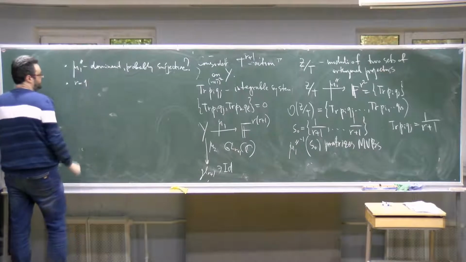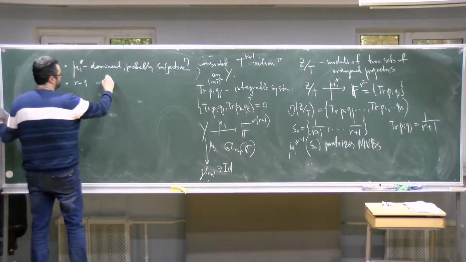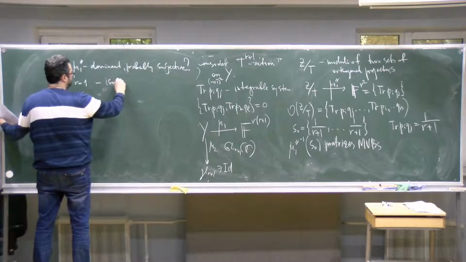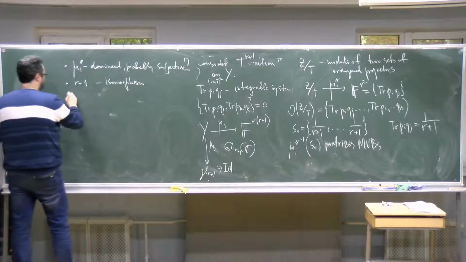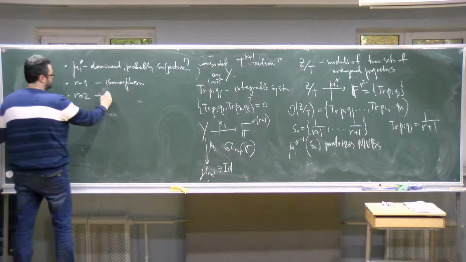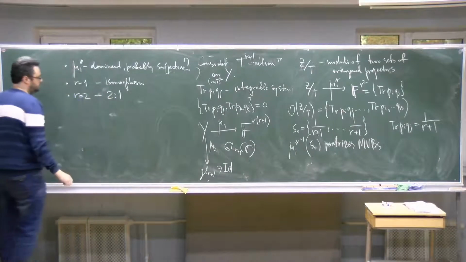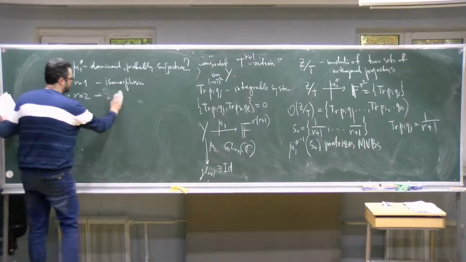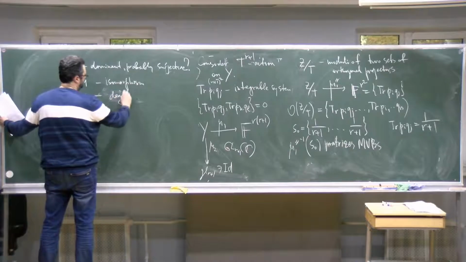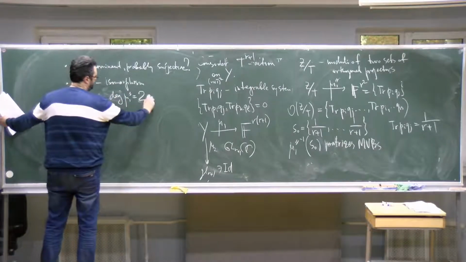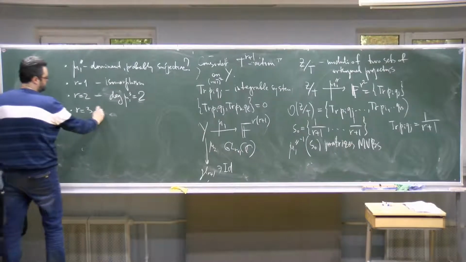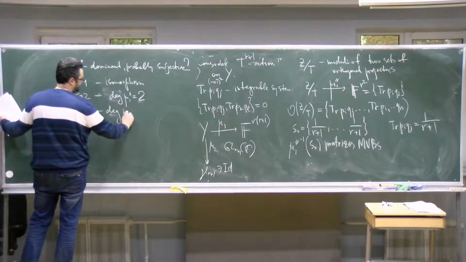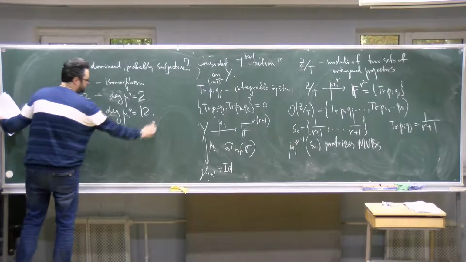In the case of R equals 1, it's an isomorphism. In the case R is 2, the degree of mu1 2 prime is 2. If R is 3, the degree of mu1 2 prime is 12.